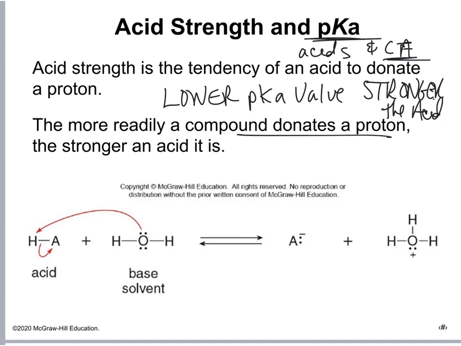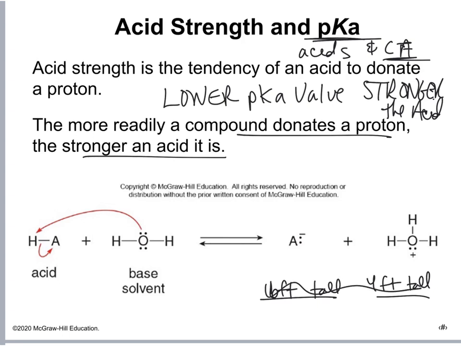The more readily a compound would donate a proton, the stronger the acid is. It's a measurement of strength. Just like if I say 6 feet tall versus 4 feet tall, that is a measurement of height. You know that 6 feet tall is a taller person than a 4 foot tall person. So pKa is a measurement of acid strength. The A means acid. The lower the pKa value, the stronger the acid.